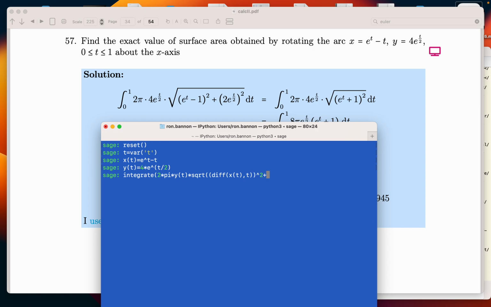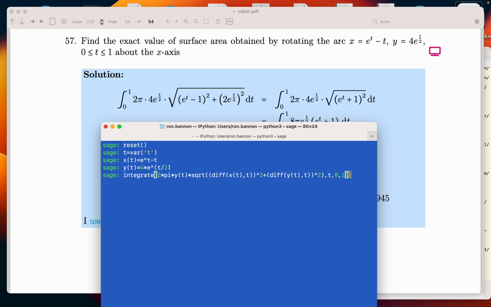And then plus, we're going to square something else, by the way, diff of y of t. With respect to t, that's a derivative, and we're going to square that now. We're going to close out the square root, and then I'm going to say we're integrating with respect to t, and we're going to go from 0 up to 1.